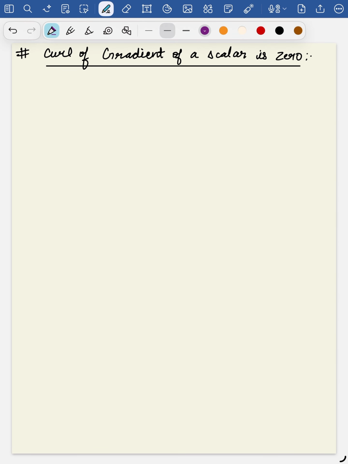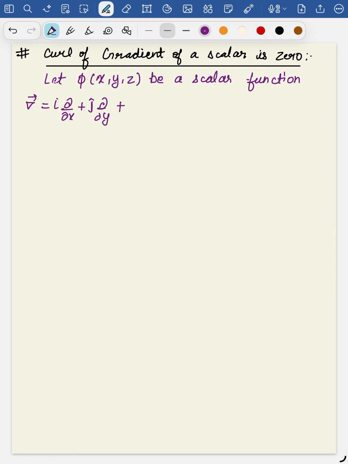Now the next property is curl of gradient of a scalar is 0. So let phi of x, y, z be a scalar function, and the value of del is i cap del by del x, j cap del by del y, k cap del by del z.